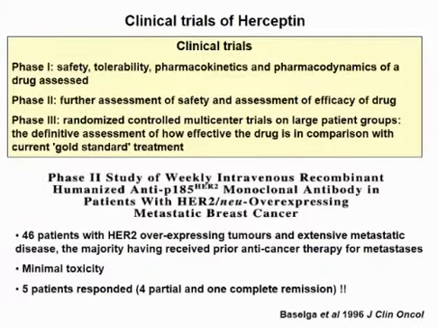And so this is a phase 2 study that was published in the late 90s. So 46 patients with HER2 overexpressing tumours, and in a pretty bad way, so lots of metastases, and they've probably already had anti-cancer therapy that has failed.